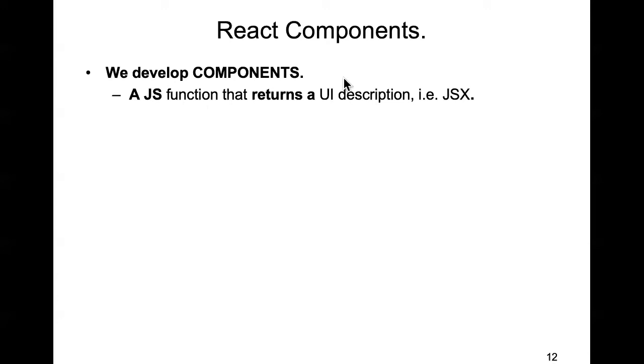You can have any kind of logic in that function that you want to. And typically the logic would be the behavior associated with that component, even though we won't be looking at behavior this week. But the important point there is that the function has to return the UI description for the particular component. In other words, it has to return a snippet of JSX.